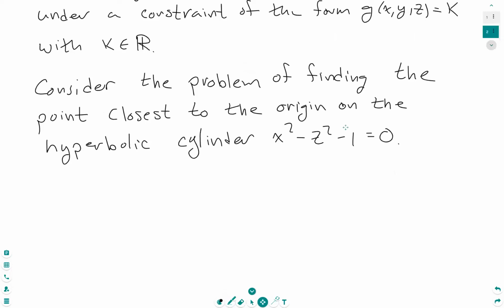So we have some surface, and we want to know the point that's closest to the origin that is on this surface.